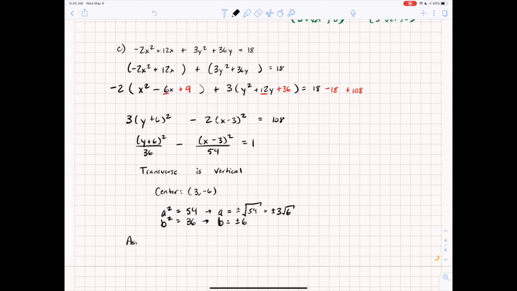My asymptotes, the slopes, are still going to be at plus or minus b over a. So this is going to be 6 over root 54, or 3 root 6. I can simplify this down a little bit more by saying 2 over root 6. And I'll leave that for now.